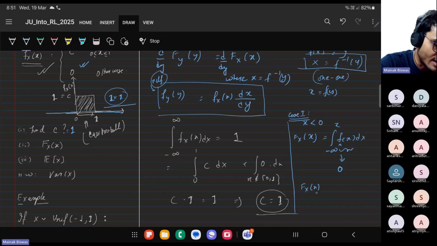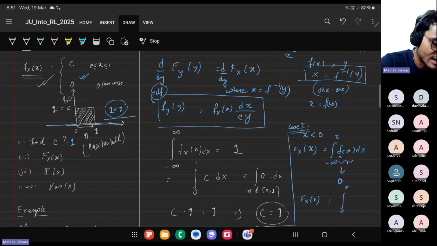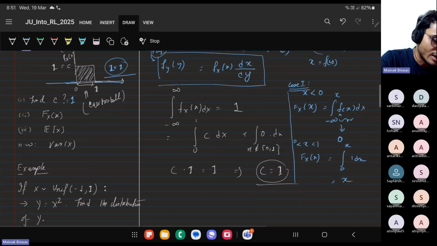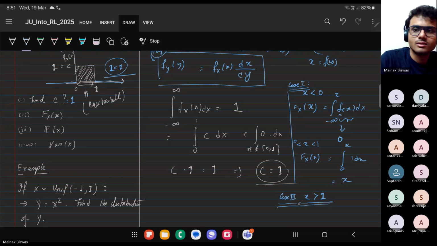Similarly, I can write between 0 and x, if x is between 0 and 1, the integral of dx, which is nothing but x. And if x is greater than 1, what will I get? 0?